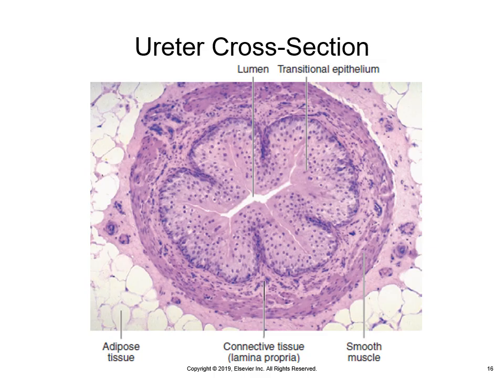All right, then we have the smooth muscle layer, and that surrounds the connective tissue, and it plays a role in helping to push or propel that urine down towards the bladder. So instead of just letting urine drip down with gravity, these muscles contract in waves, and that process is called peristalsis.